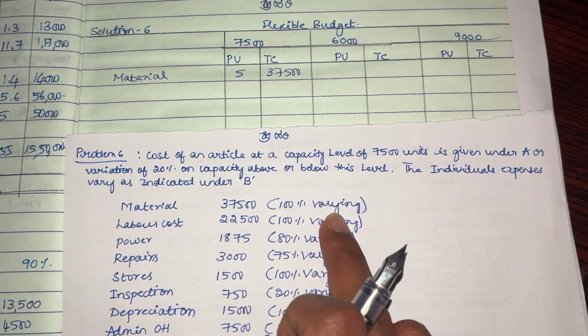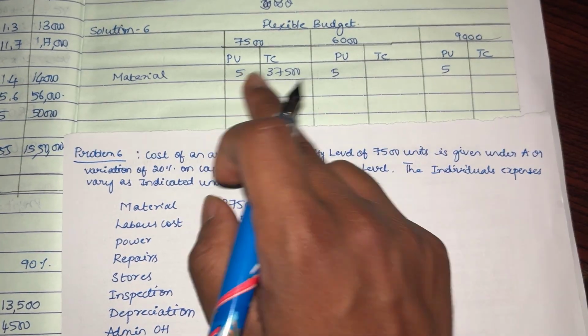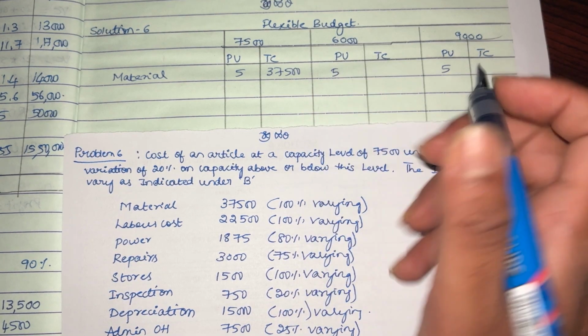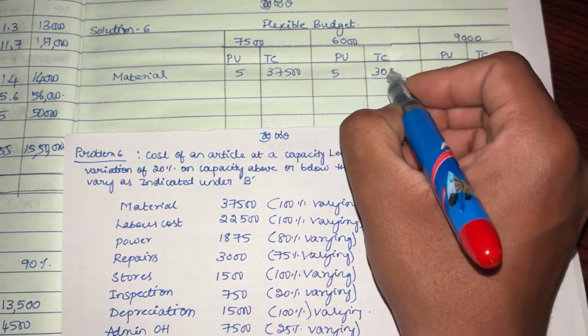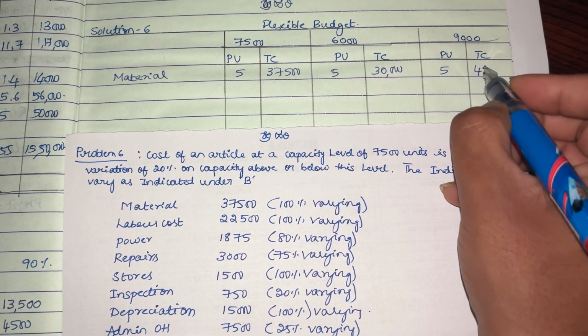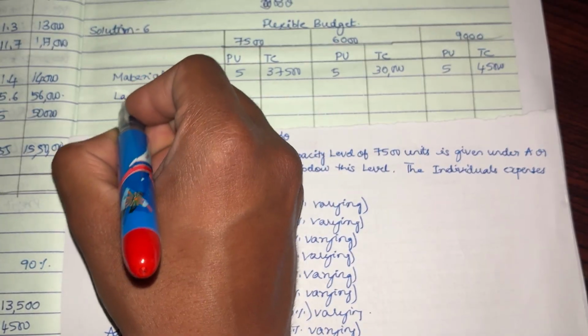As you already know, it is variable cost, so the per unit cost will remain constant at 5. Then 5 into 6,000 units will be 30,000. 5 into 9,000 units will be 45,000.